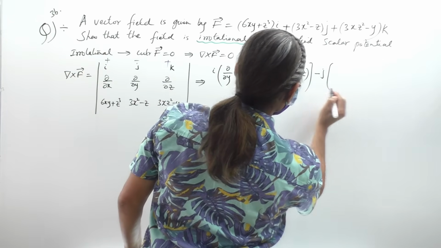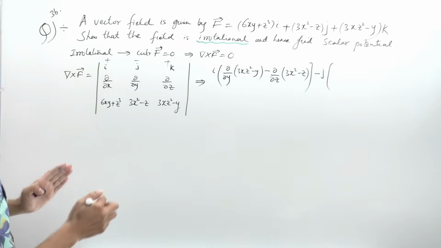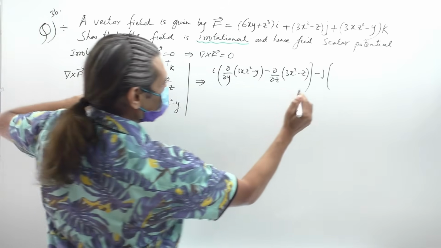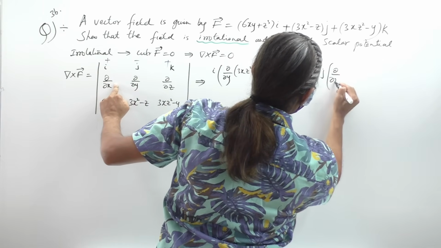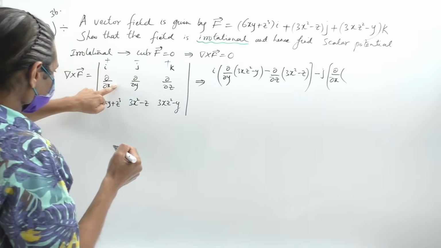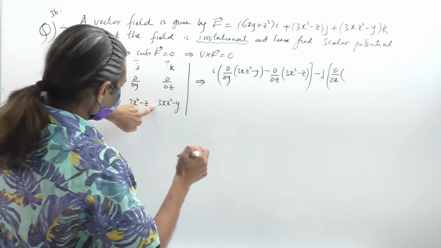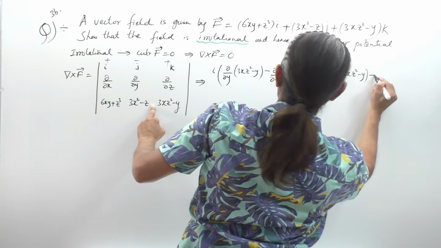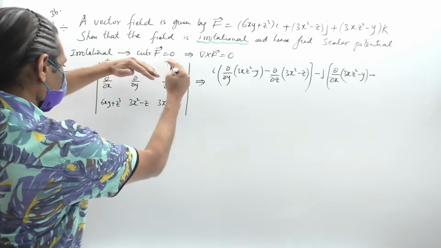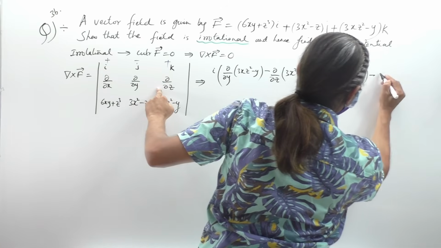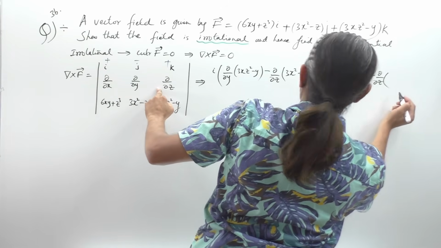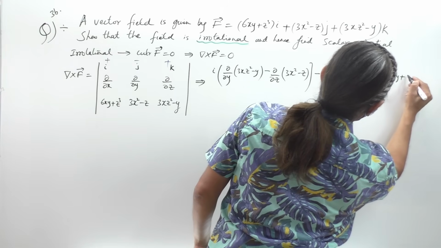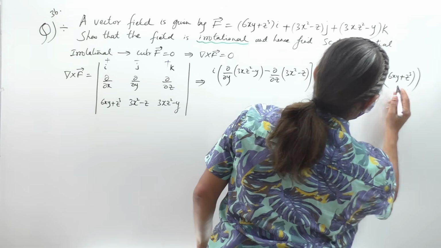Again, for this component j, I will leave this column and this row. So dou by dou x of 3xz square minus y, minus dou by dou z of 6xy plus z cube. Be very careful while finding the determinant here.